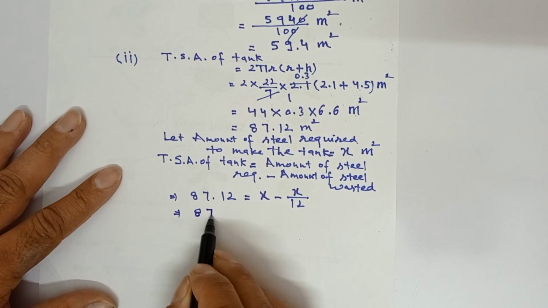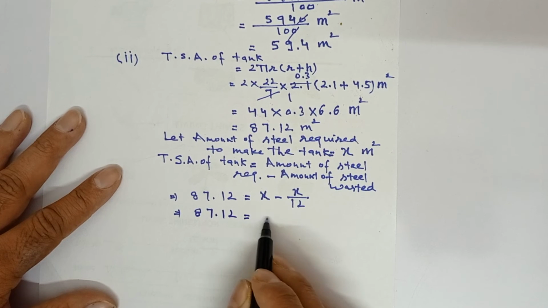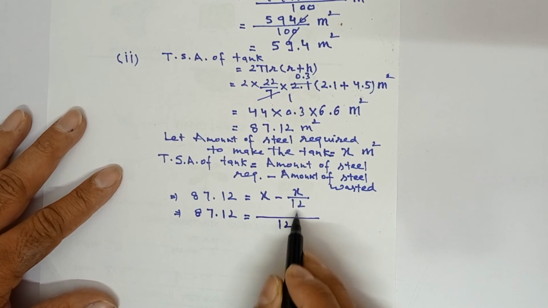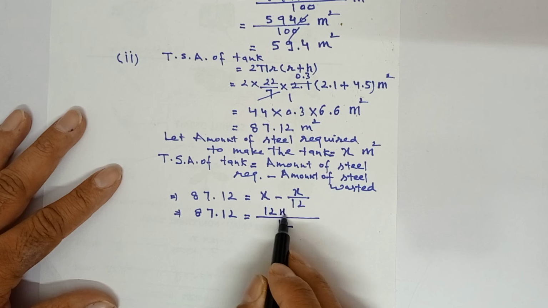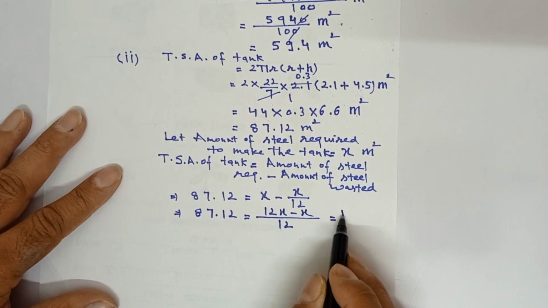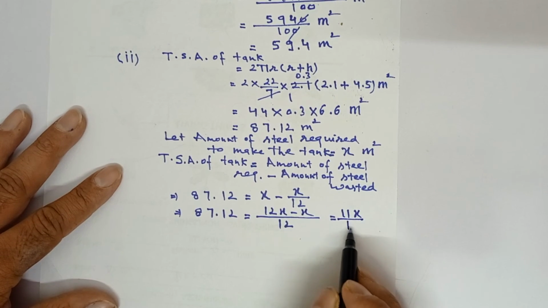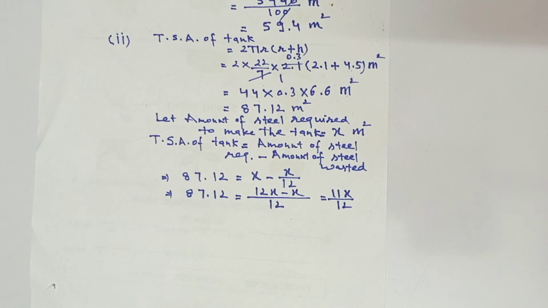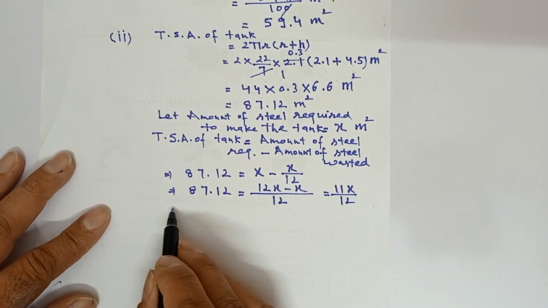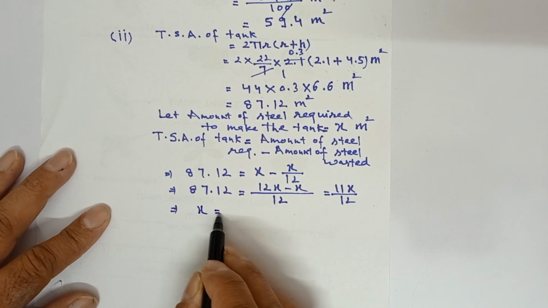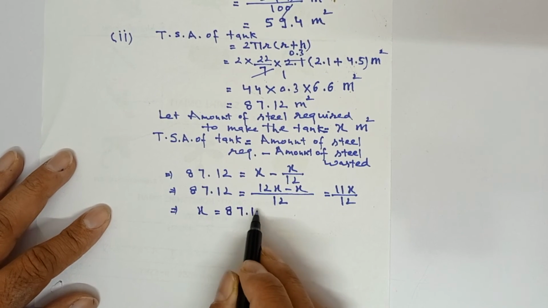So 87.12, LCM is what? 12. So 12 into x is 12x minus x, and it will be 11x upon 12. Now we need to find the value of x. X is equal to 87.12.